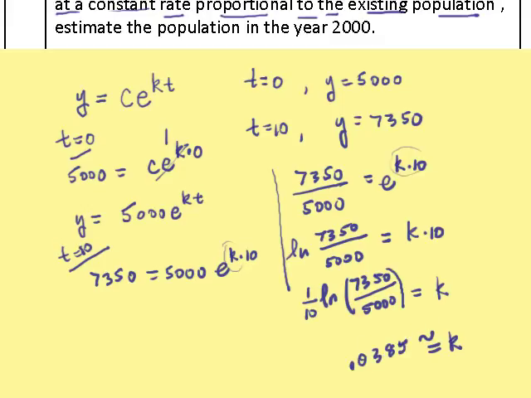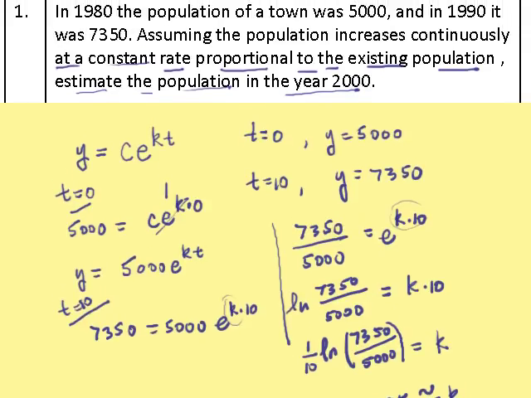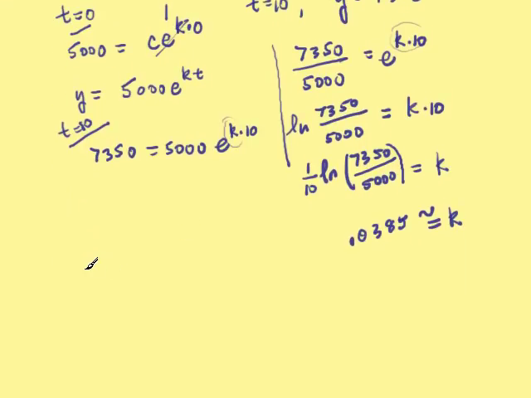All right, now let's answer the question, estimate the population in the year 2000. All right, since we started counting at 1980, the year 2000 would be 20 years later. So we want to know when t is equal to 20, approximately what is the population?